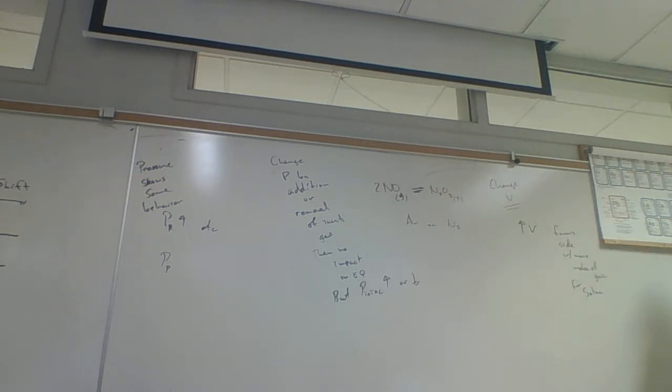But when they're mismatched, then there will be an impact. And so here, yes, increasing volume favors the side with more moles of gas. If both sides have the same number of moles, then no impact. Decreasing volume favors the side with fewer moles of gas or fewer moles of aqueous solution.